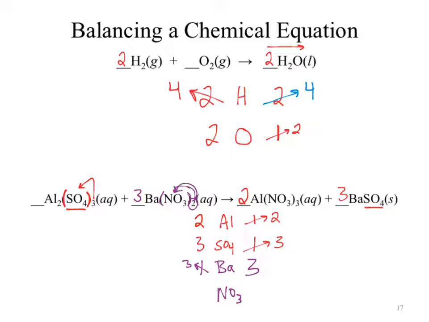The 2 applies to the parentheses, meaning I have 2 nitrates, but then I have 3 of that unit. So this will be 2 times 3, and I end up with 6 nitrates on the left. How many on the right? 6. The 3 applies forward, the 2 applies back, and I end up with 6. Are the nitrates balanced? Yes.